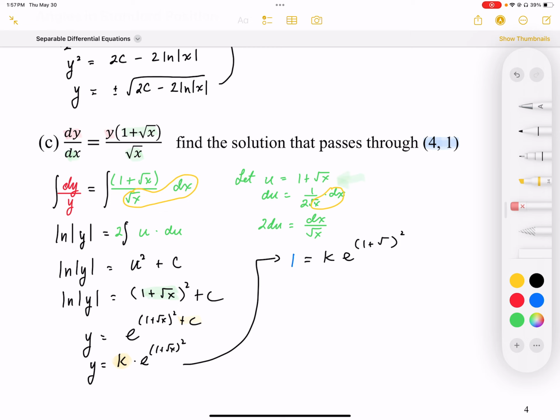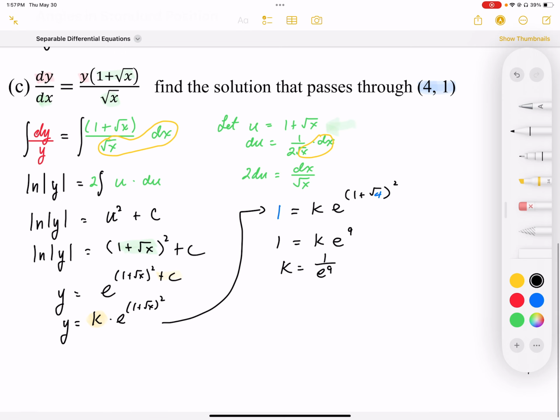That 4 comes from my x value. And then I can solve for my k. So I get 1 equals k e to the 1 plus square root 4, which is 2. So this becomes 3 squared, which is 9. The k is equal to 1 over e to the power 9.